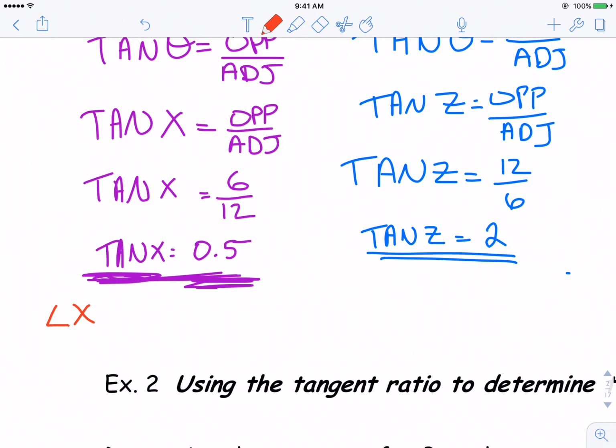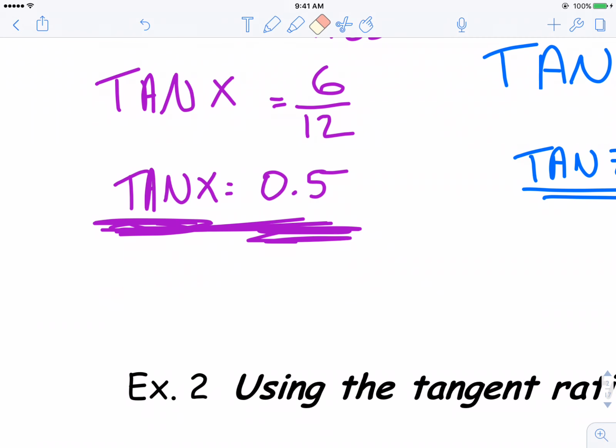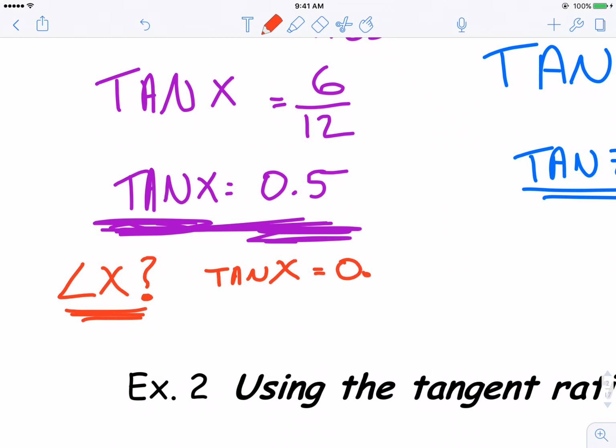What is angle x? This symbol means angle, of course that's x, and this is supposed to be a question mark. What is angle x?